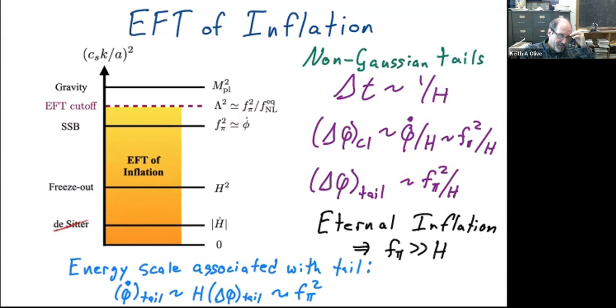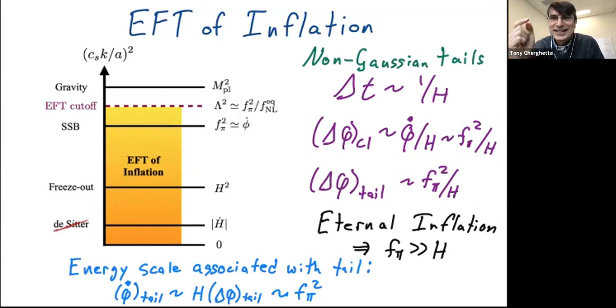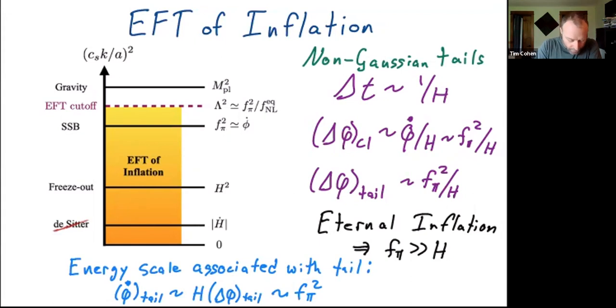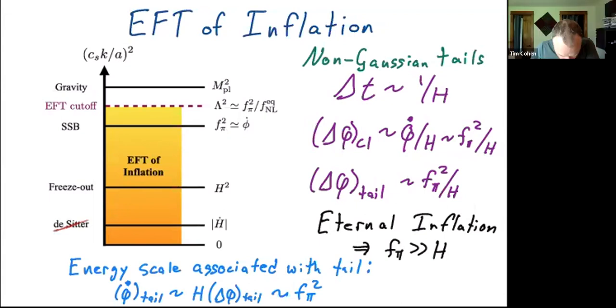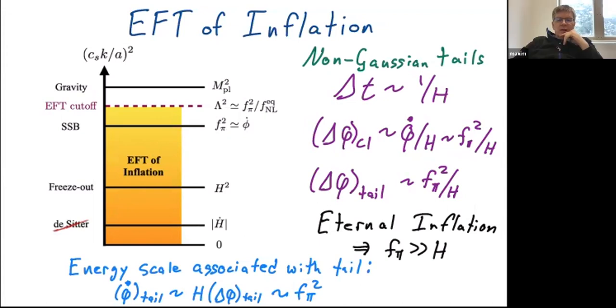Okay. Could I also quickly ask, what's the expansion parameter? I assume it's not f_pi over H then? Because if you're taking f_pi to be much, much bigger than H, and that's the expansion parameter, then... No, f_pi should be in the denominator.